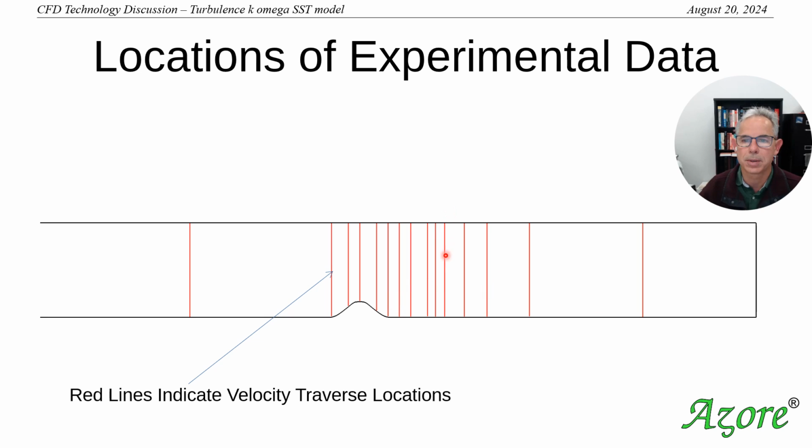The experimental data is of the velocity field traveling in the left-right direction. That's the data we're really going to look at and compare our predictions to.